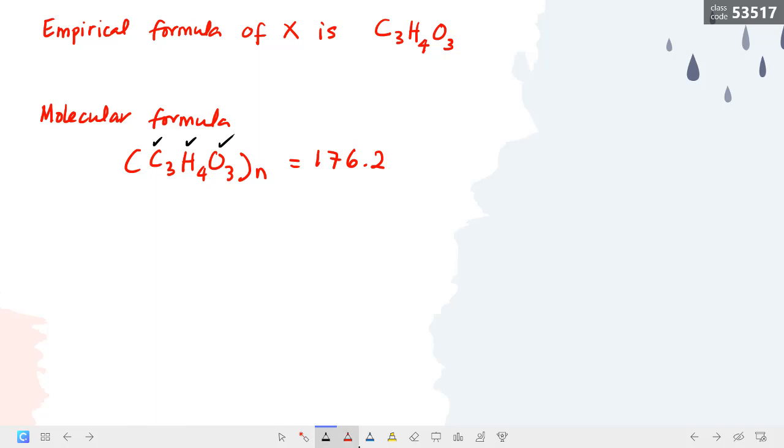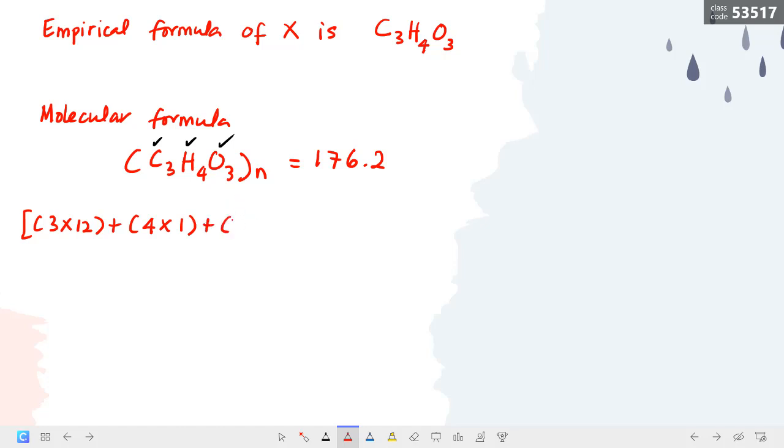Jadi kita akan selesaikan n itu. Maka you buatkanlah kat sini. Maksudnya 3 times 12. Sebab molar mass karbon adalah 12 ataupun relative molecular mass karbon tu 12. Tambahkan dengan 4 because we have 4 hydrogen here. Times 1 relative molecular mass or molar mass of hydrogen is 1.